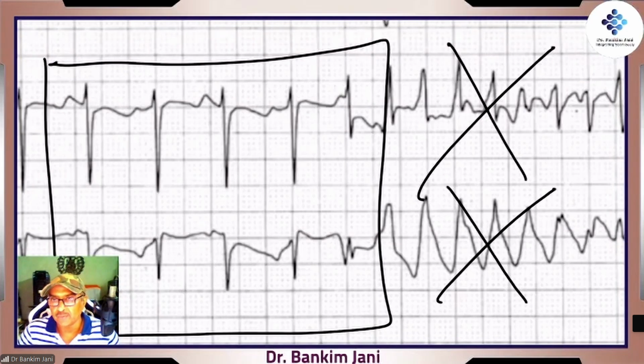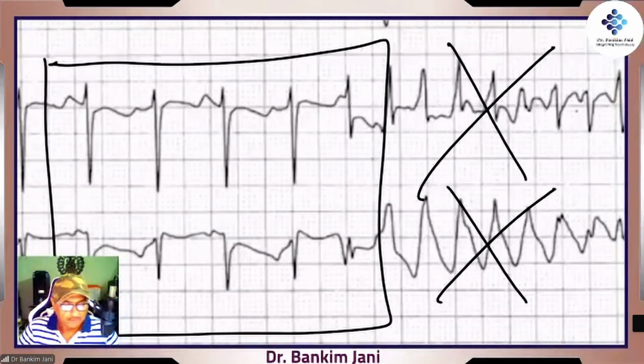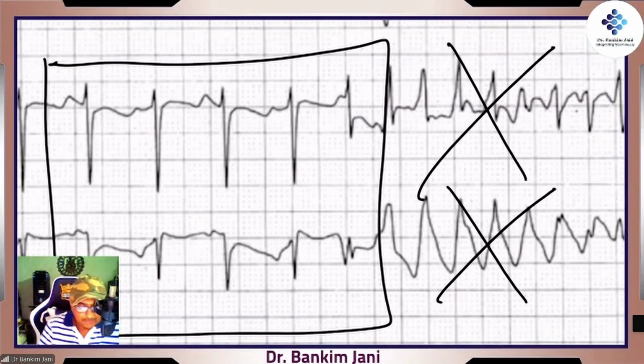Ishita, just calculate again. Here, calculate again. This is one big square. This is another big square. And the third big square is getting completed over here.